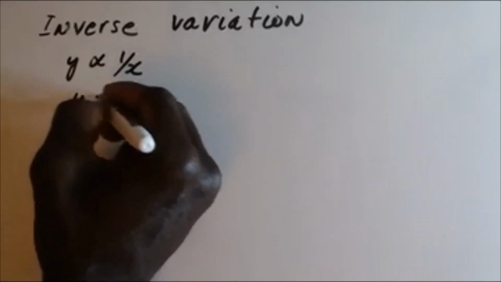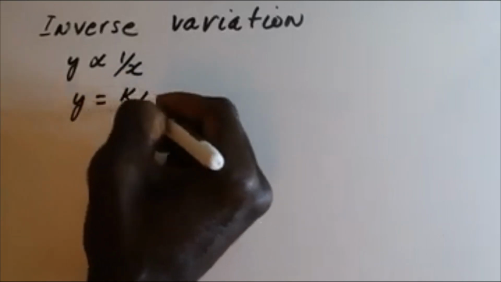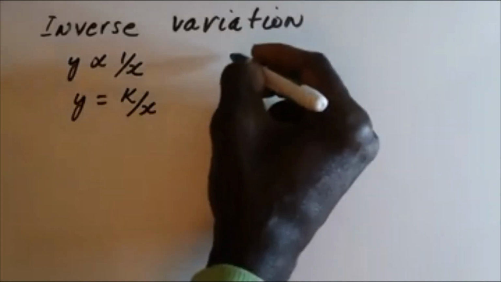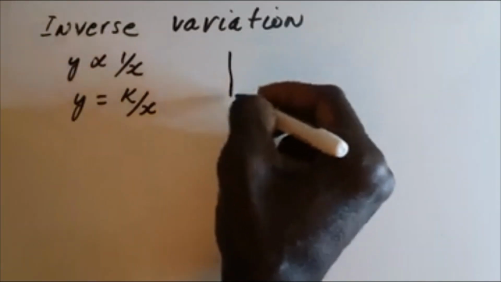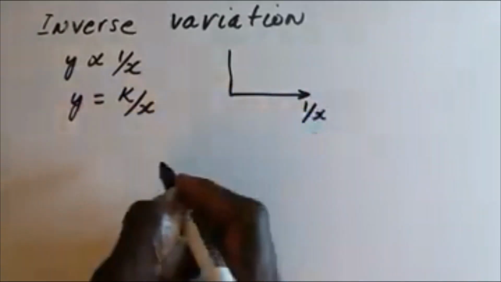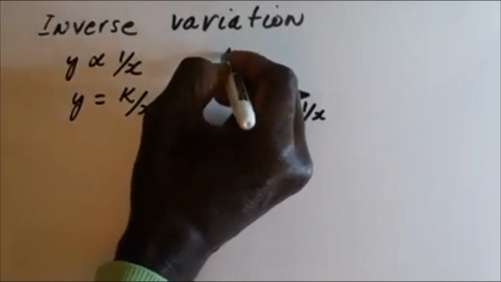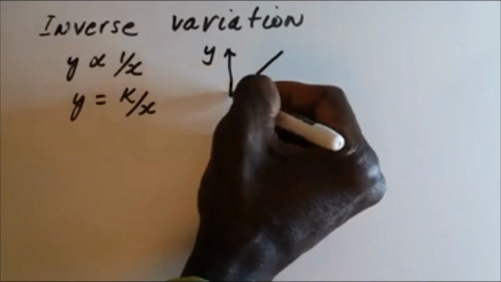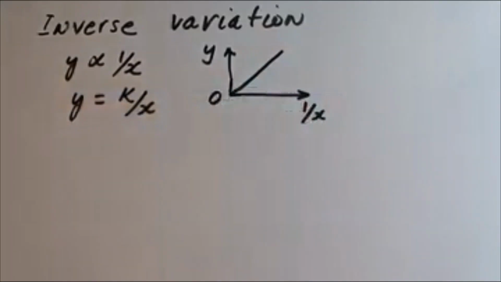So y is equal to k over x, where k is the constant of proportionality or the gradient. This also means that now we can sketch this graph. We have 1 over x, again y against 1 over x, and that's a straight line passing through the origin.